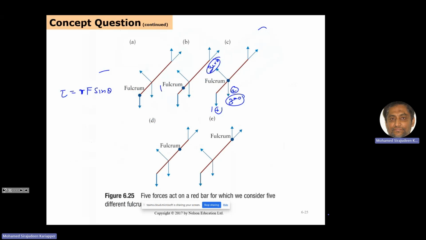No way. It's like opening the door. Can you open the door from the hinge? No way, right? Because R is equal to 0. So all of them are either 0 or positive. We don't have any negative.